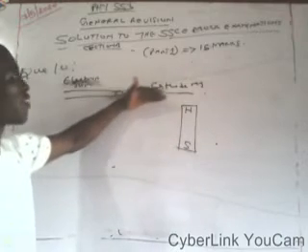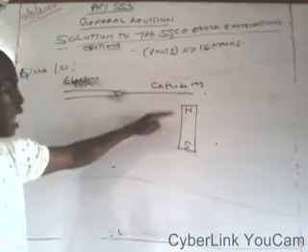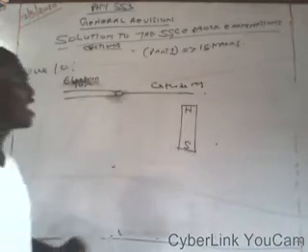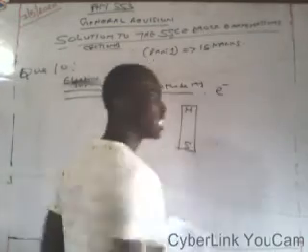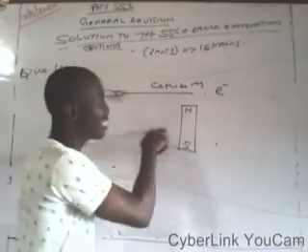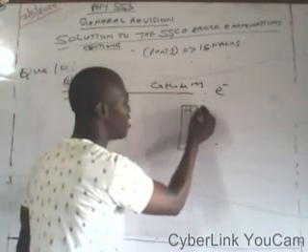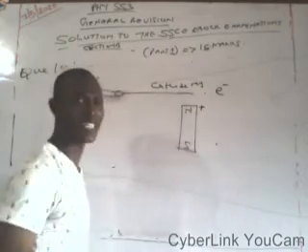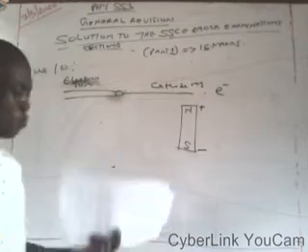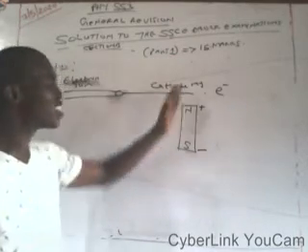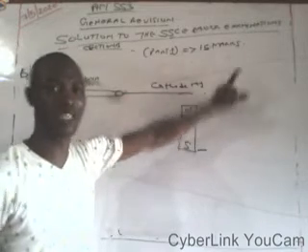Then the cathode ray is placed in a magnetic field, that is, we have a magnet with a North Pole and a South Pole. Don't forget, the cathode ray has electron identity, that is, it is negatively charged, e minus.